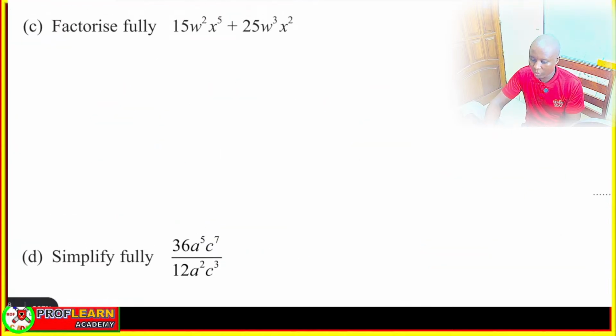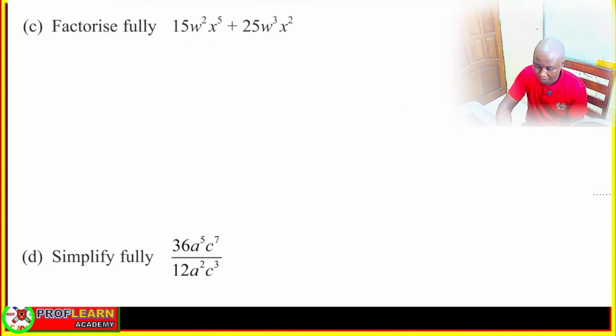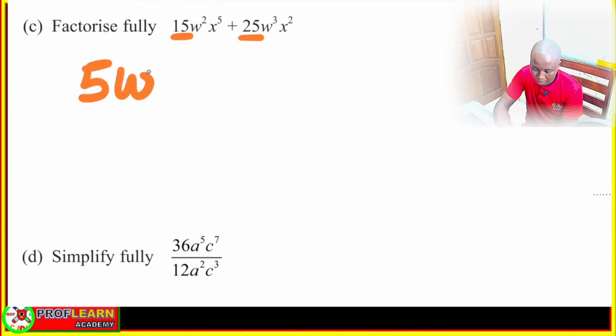If you are told to simplify such an expression, or to factorize, something you really need to remember here is that you look at terms which are common. Here in 5 and 15 and 25, we have 5 being common. W power 2, W power 3, we take W power 2 out, and X power 5 and X power 2, we take the smaller power, so that we shall have X power 2.